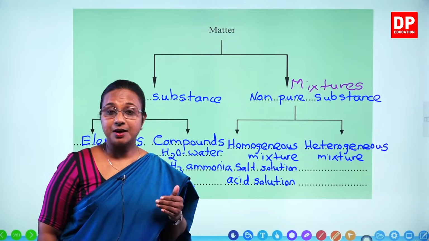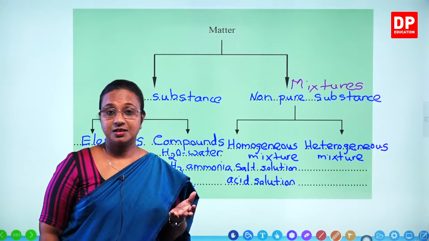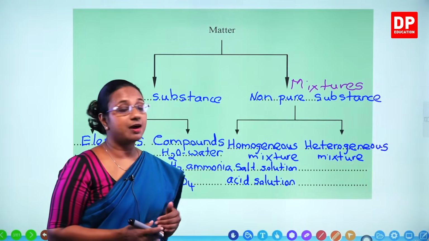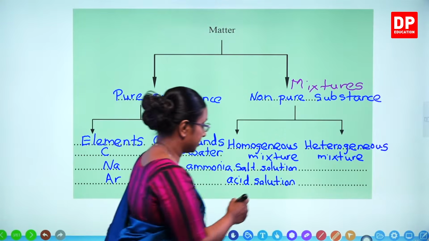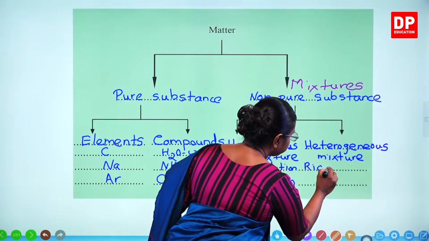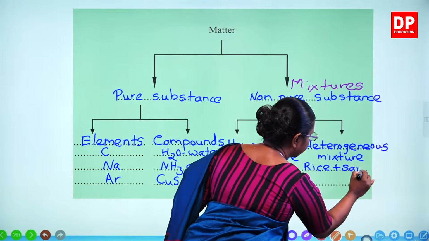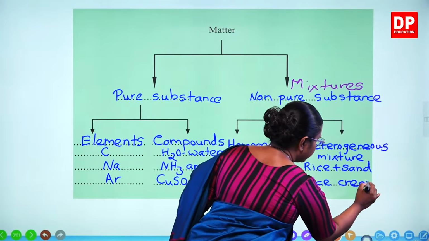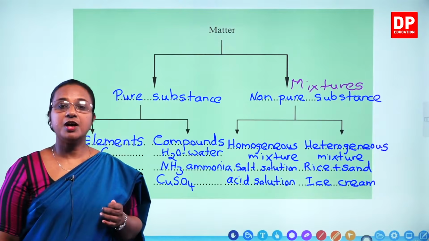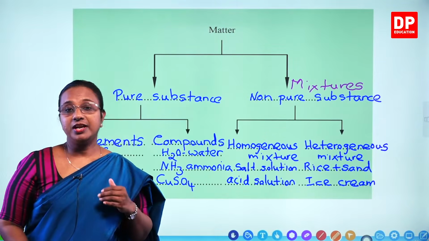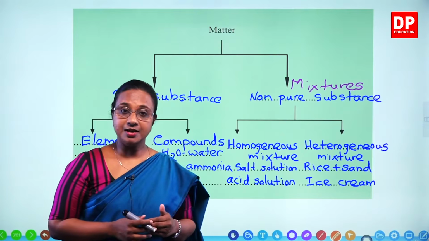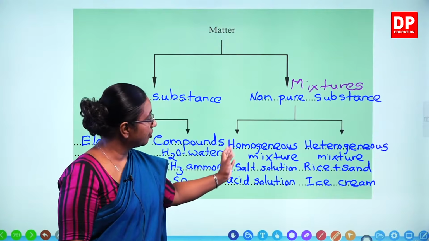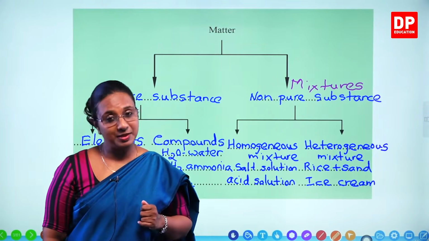Similarly, you know examples for heterogeneous mixtures. Rice and sand mixed together, or ice cream are examples of heterogeneous mixtures. Rice and sand, or we can say ice cream. These are all different types of mixtures. So, already you know what mixtures are and how they can be classified into two groups, homogeneous and heterogeneous mixtures.